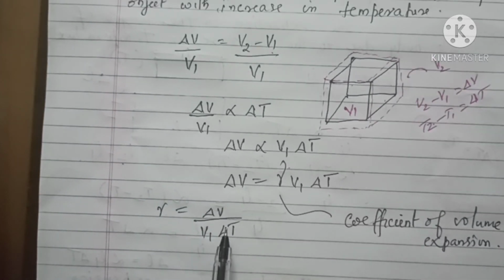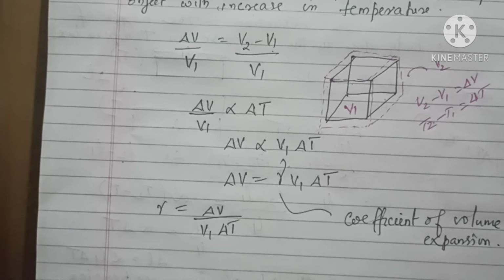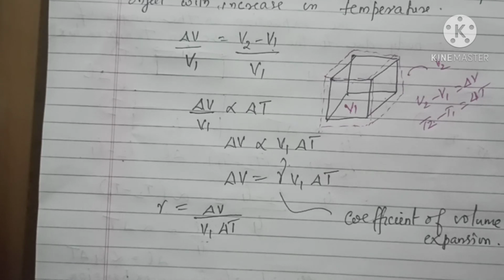It is the change in volume, or increase in volume, per unit original volume per degree rise in temperature. Understood? The coefficient of volume expansion is actually the increase in volume per unit original volume per unit degree rise in temperature.